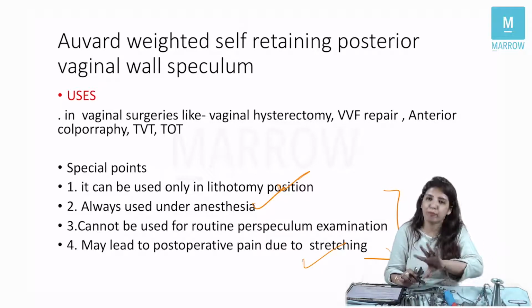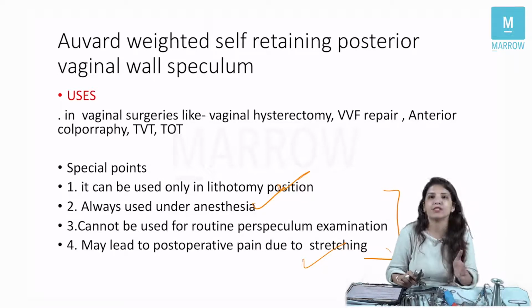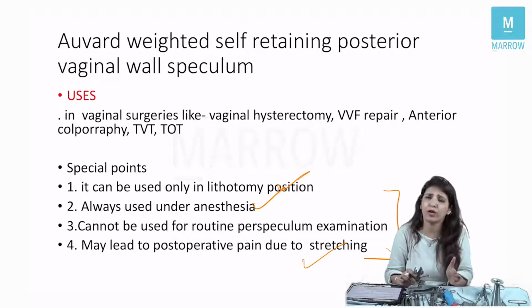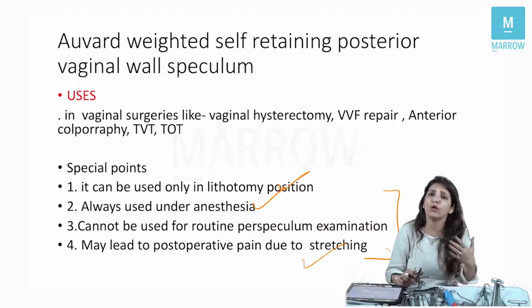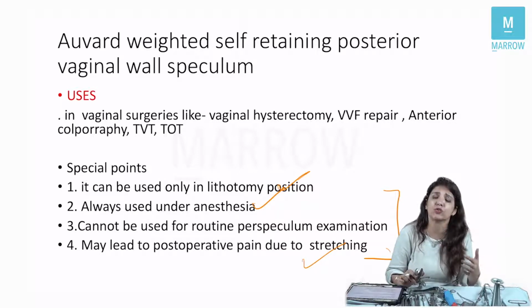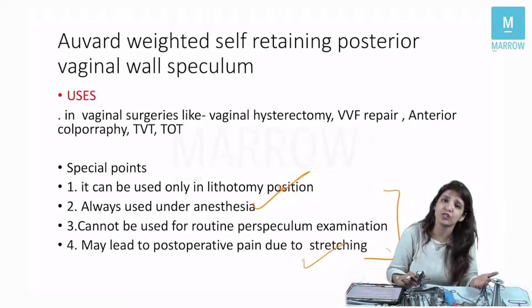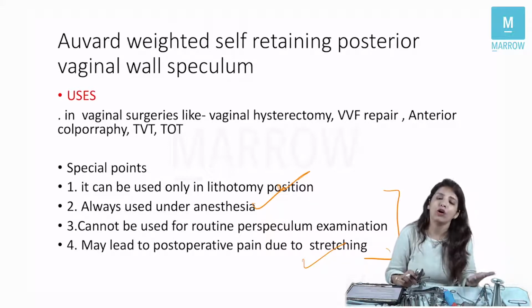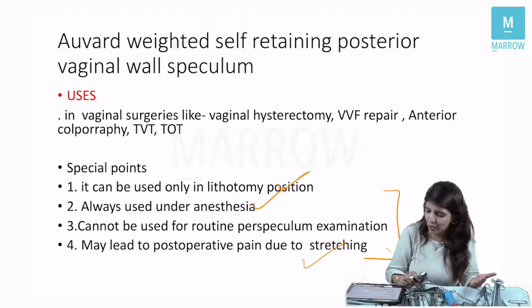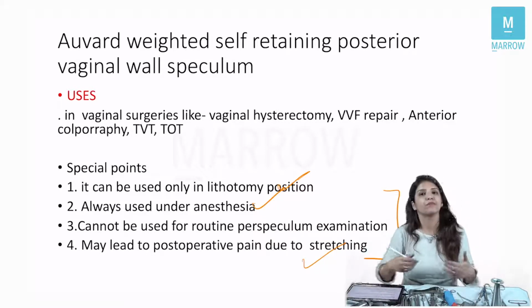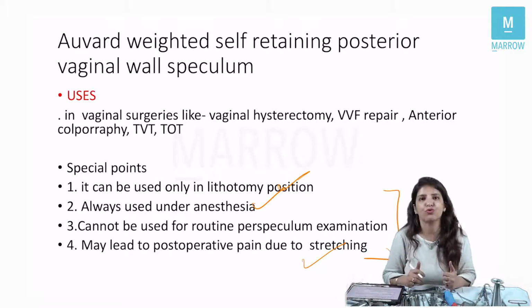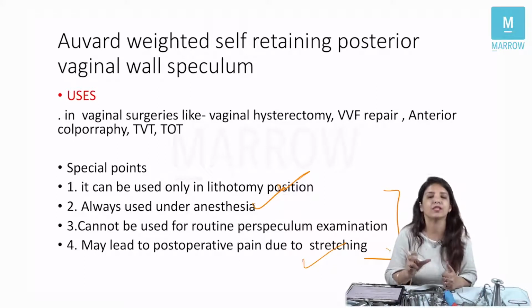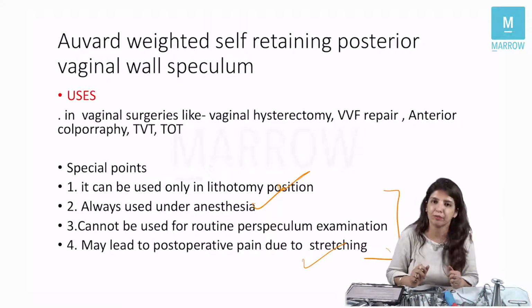It will give you a proper area to operate and it is self-retaining. So when you are doing vaginal hysterectomy, or TVTs, that is the tension-free transvaginal obturator tape, tension-free transvaginal tapes, or anterior colporrhaphy, in all these surgeries you are going to use Ward's self-retaining speculum, right?